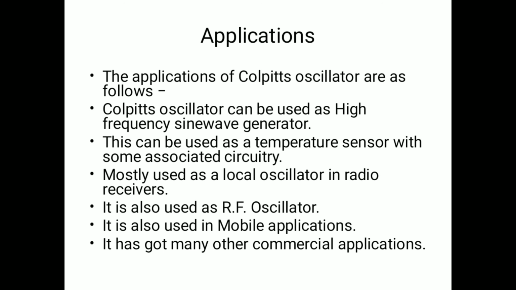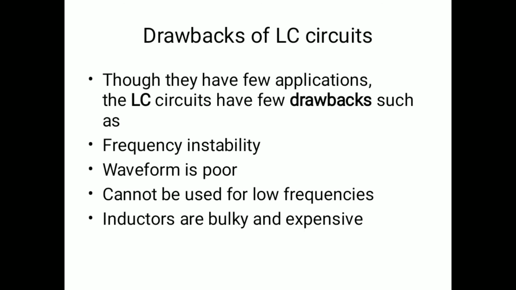It is also used as an RF oscillator, in mobile applications, and for various other commercial applications. Each oscillator, like Colpitts and Hartley, has some advantages and is used for specific applications.